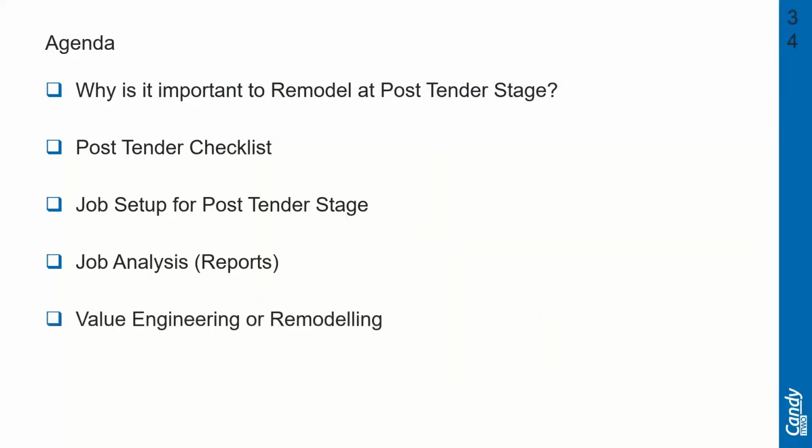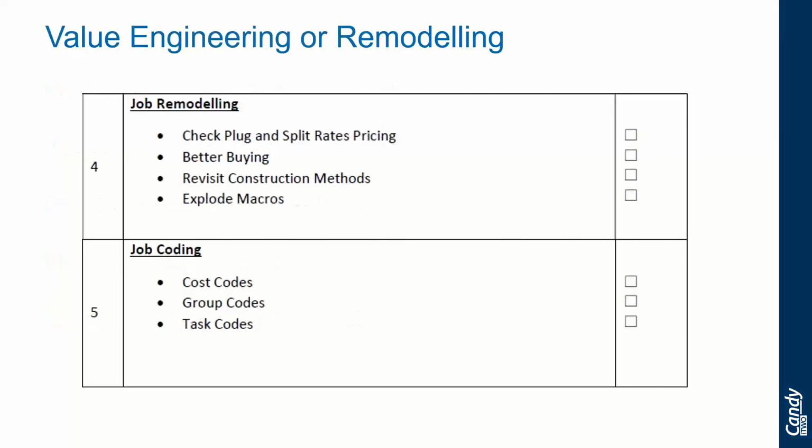Right, this takes us to the next topic, or the last topic, which we're going to cover. It's the value engineering or remodeling as well. I'm also going to run the whole value engineering or remodeling live in the Candy software. So first on the list is check for plug and split rates.